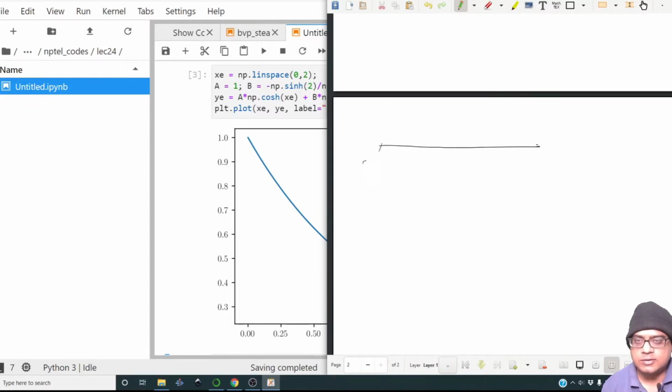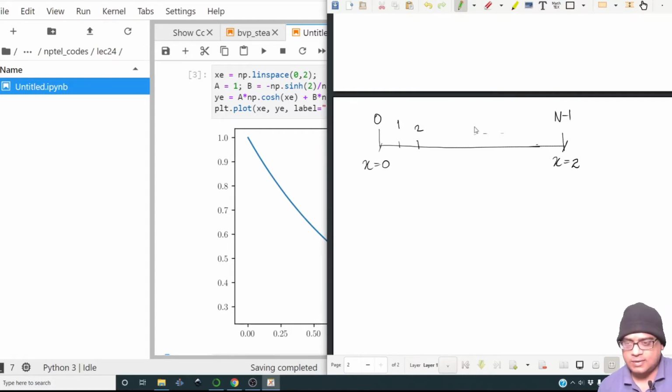So this is x equal to 0 and this is x equal to 2. We make a linspace out of this. So this will be 0, 1, 2 all the way to n minus 1, if we have a linspace which has n elements.